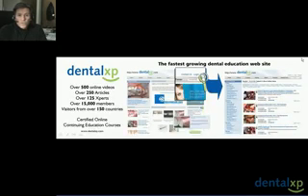Let's see, one of the questions: do you manage the soft tissues with provisional crowns prior to permanent? This will be the last question of the evening. Do you manage the soft tissues with provisional crowns prior to the permanent crowns being fabricated?